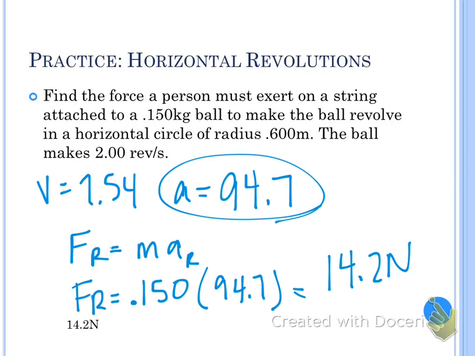That's it. These problems are very much plug and chug. Plug those numbers in and you'll get an answer out. There's not a whole lot of problem solving like there was with our inclines. It's pretty much straightforward.